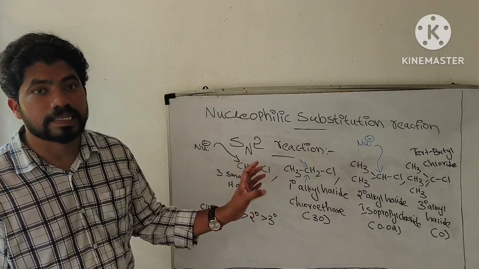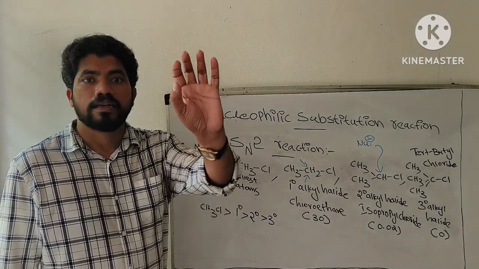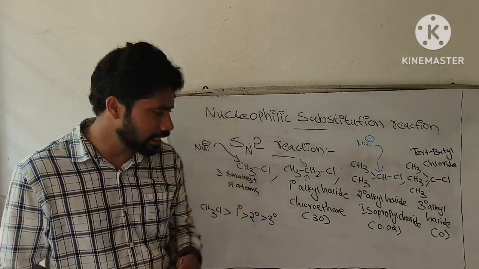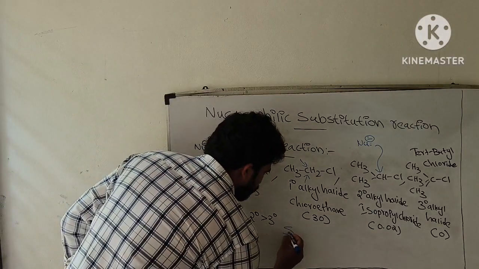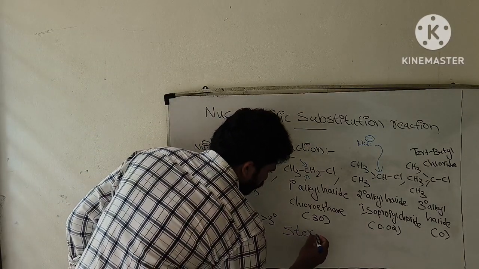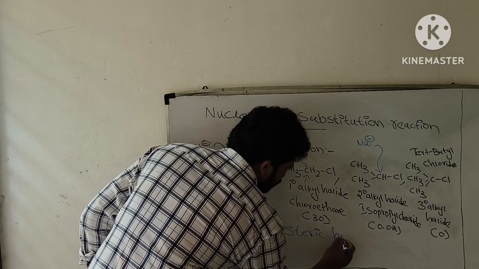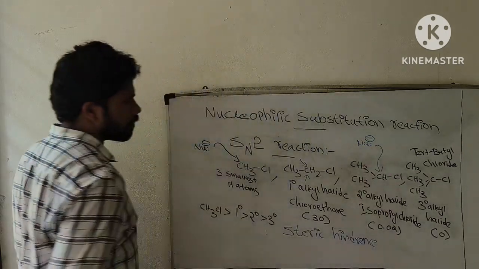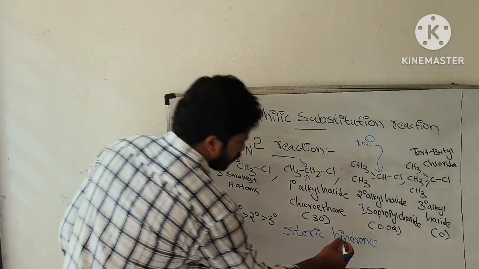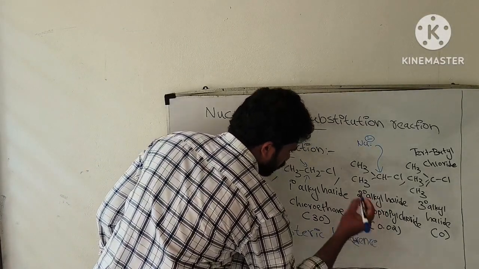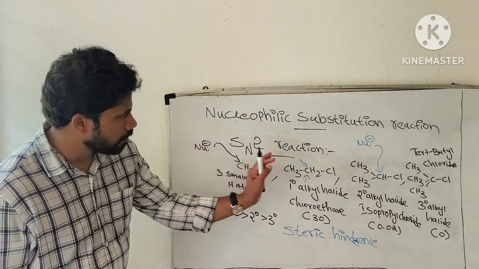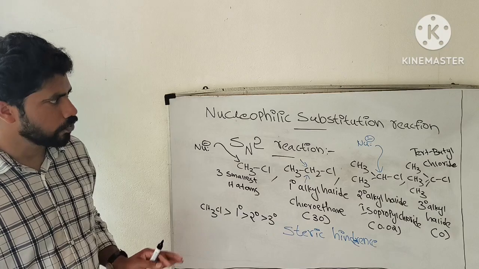Tertiary alkyl halide does not show reactivity towards SN2 reaction because of the steric effect. Steric hindrance hinders the approach of the nucleophile. So this is with respect to SN2 reaction.